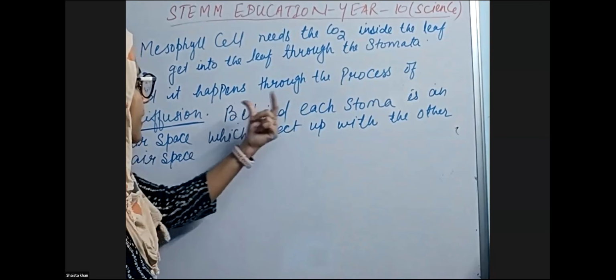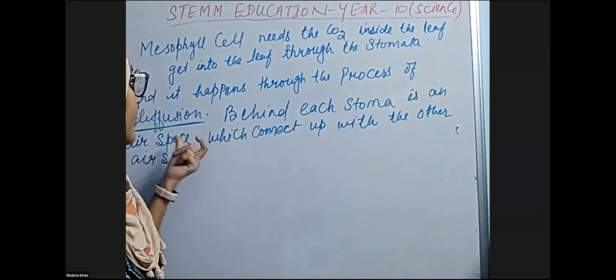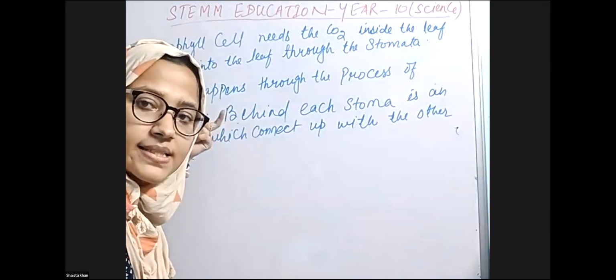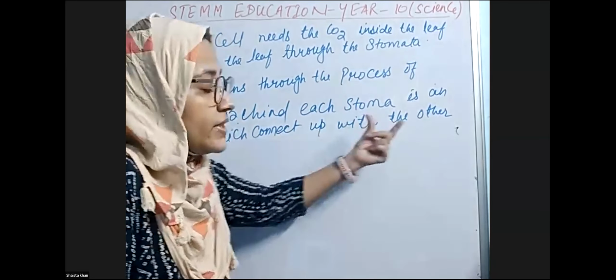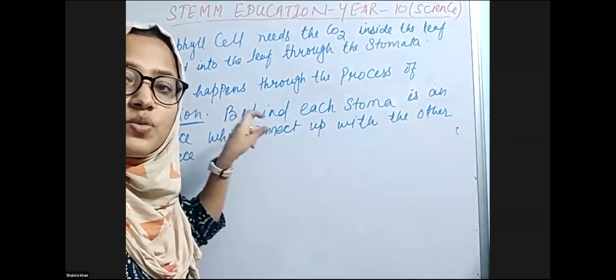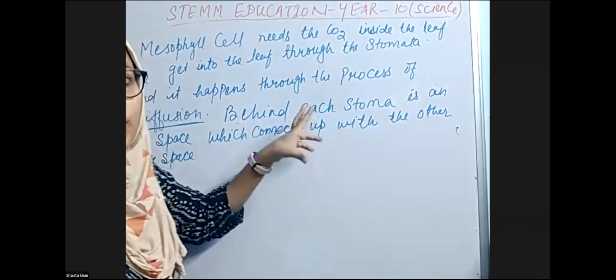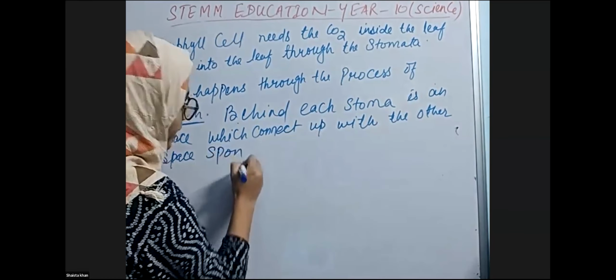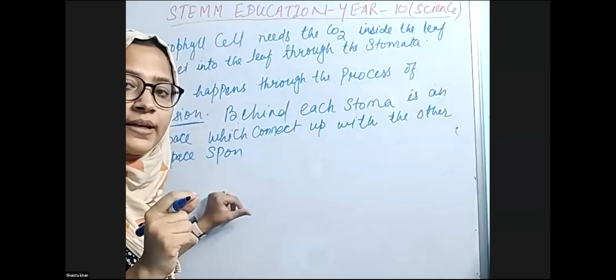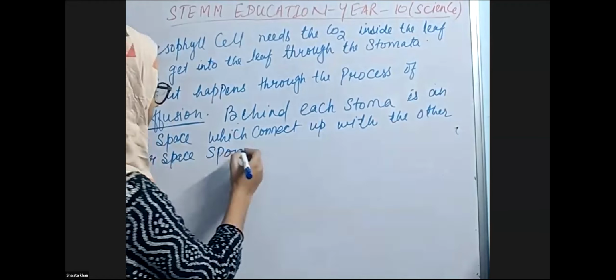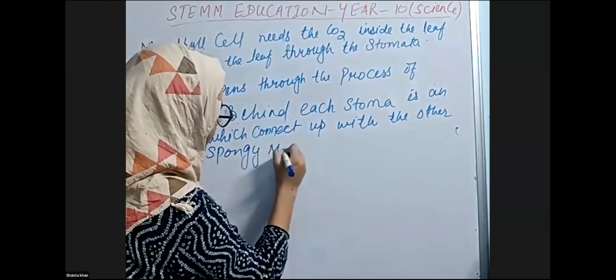Do you get it? Each stoma is connected with the airspace present in the palisade mesophyll cell, connected up with the other airspace present in the spongy mesophyll cell. And where is the spongy mesophyll present? Just beneath the palisade mesophyll.